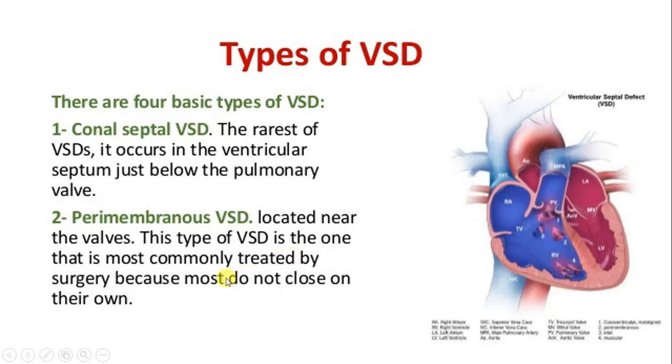This type is one of the most commonly treated by surgery because it can be closed very easily, and most do not close on their own. These perimembranous VSDs below the pulmonary valve need to be repaired, and most commonly successful surgeries are done.